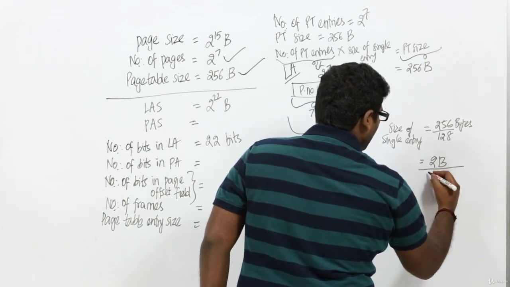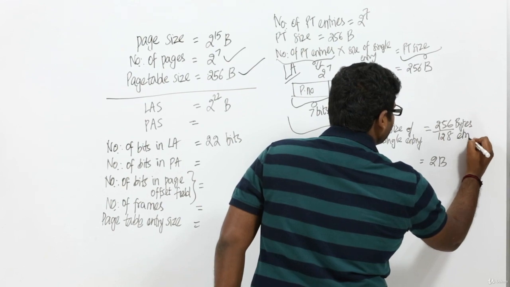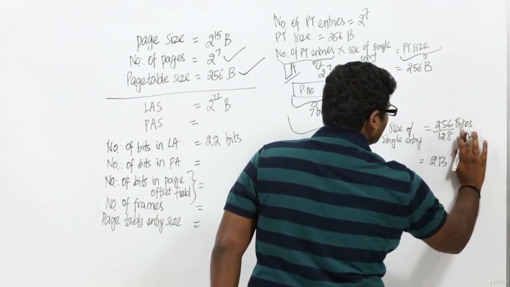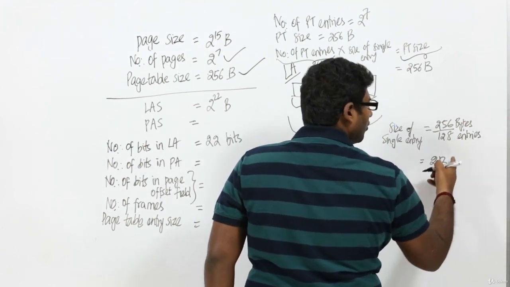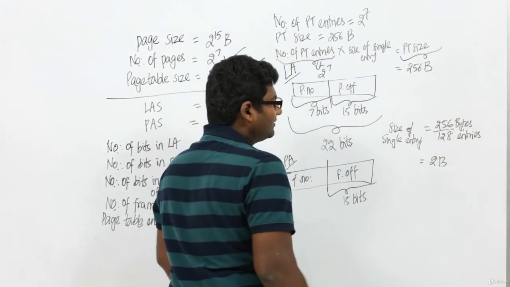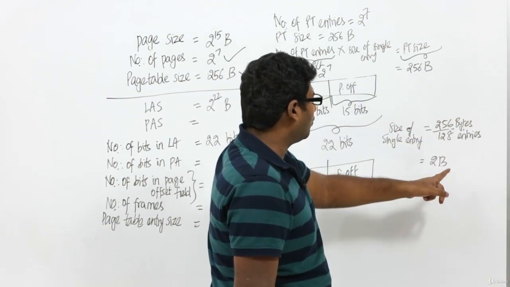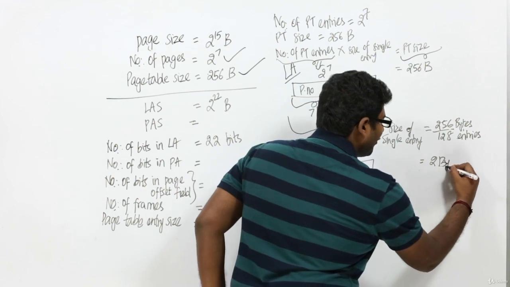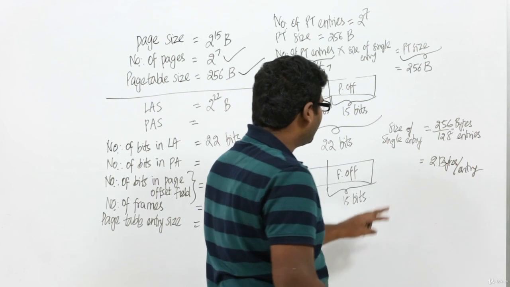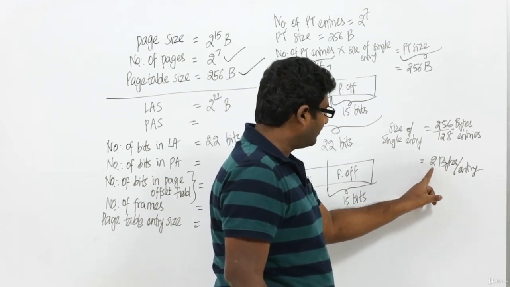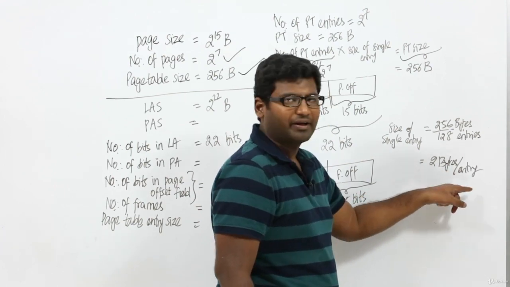So the unit of 256 is bytes, the unit of 128 is entries, so the unit of this thing is bytes per entry. What does it mean? The size is 2 bytes per entry.